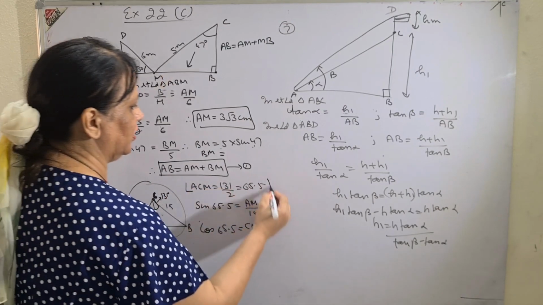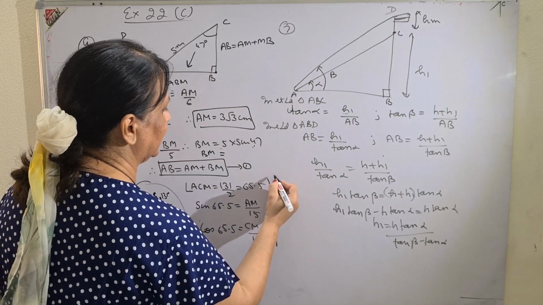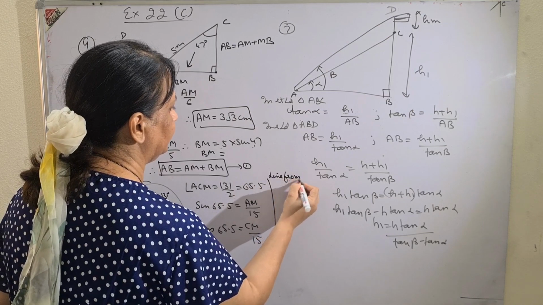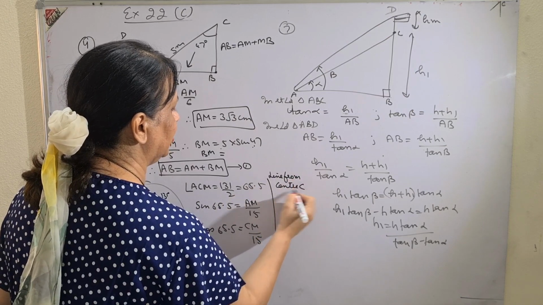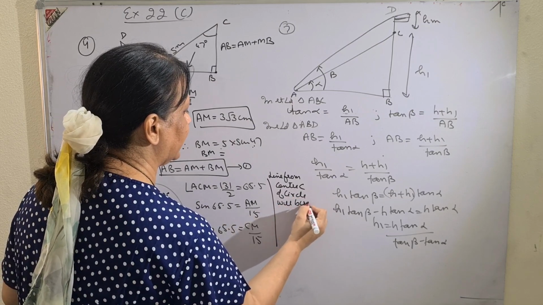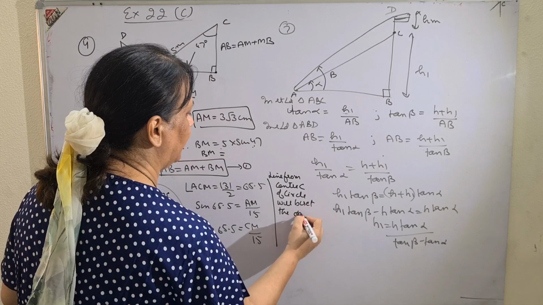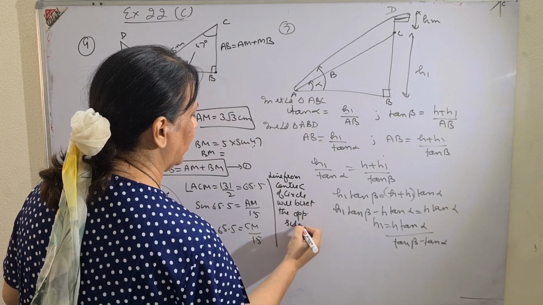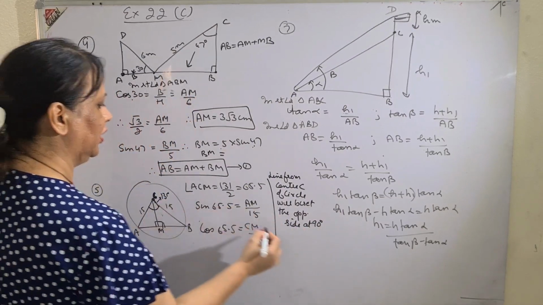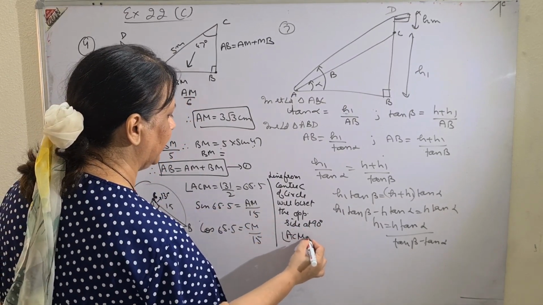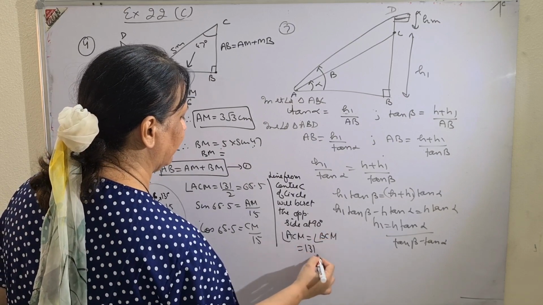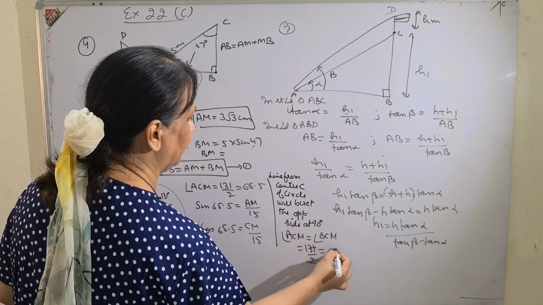Here first of all you will write a reason that the line from the center C of the circle will bisect the opposite side at 90 degree. Also it will bisect the angle, that means ACM is equal to BCM, which is 131 upon 2, that is 65.5.